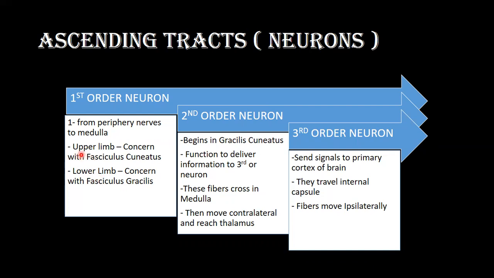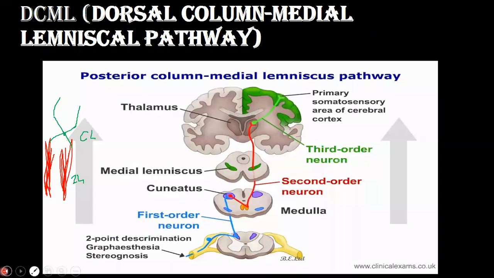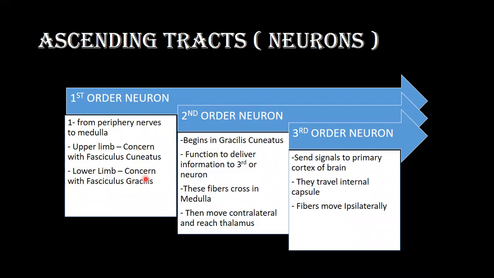Sensation from the upper extremity is concerned with the fasciculus cuneatus. When we talk about the lower extremity, the nucleus and fasciculus engaged in this is the fasciculus gracilis. So these are the most important MCQ points to remember.